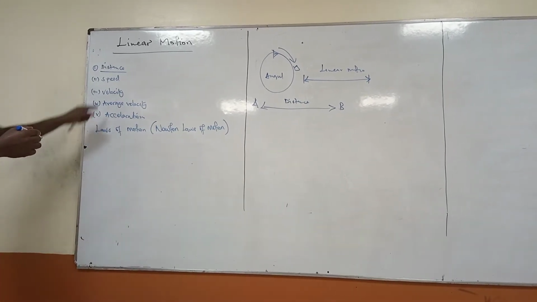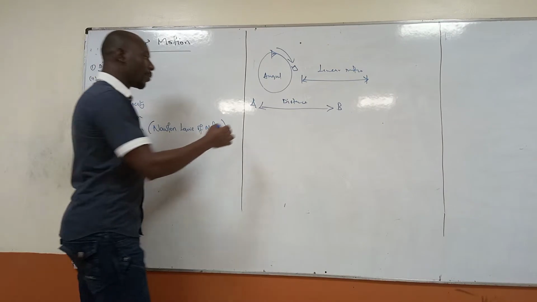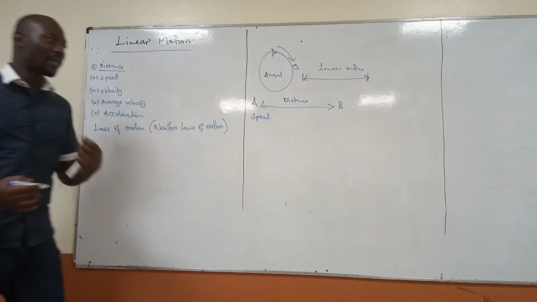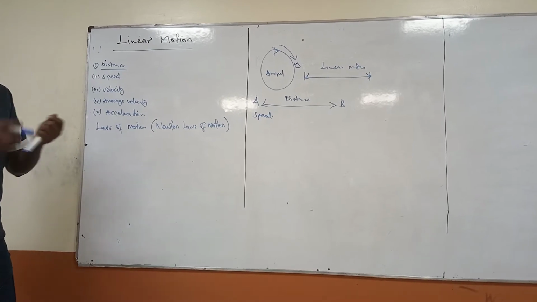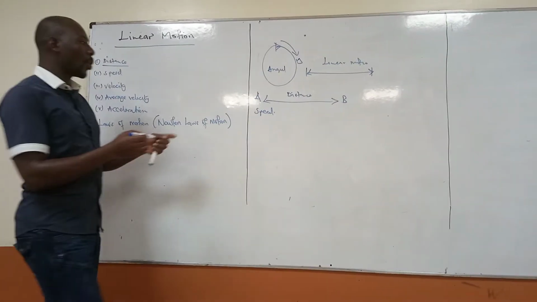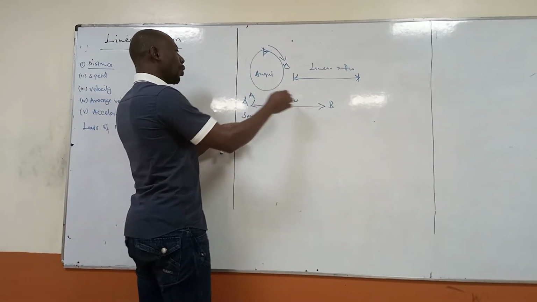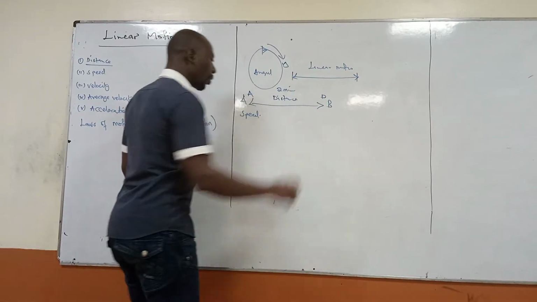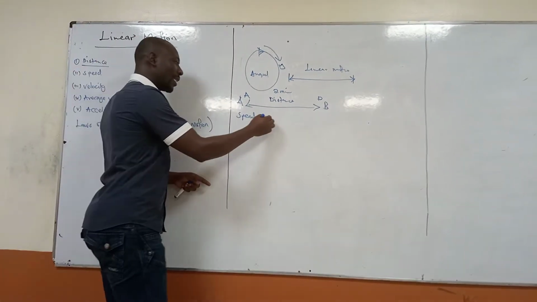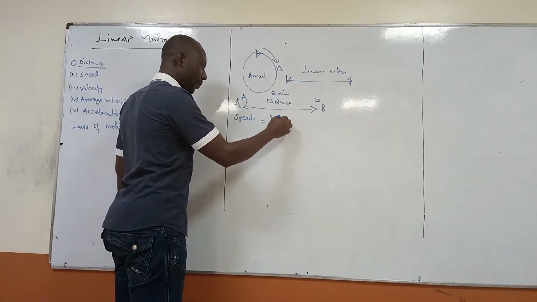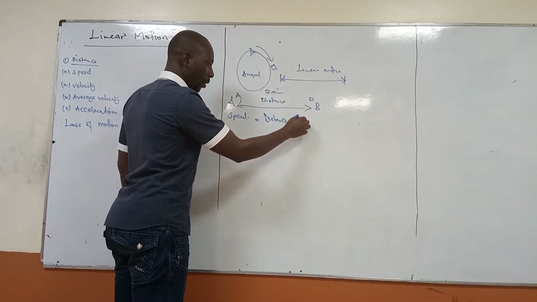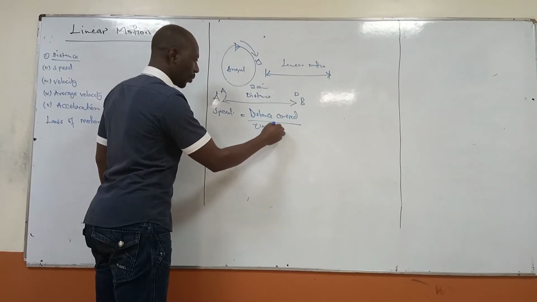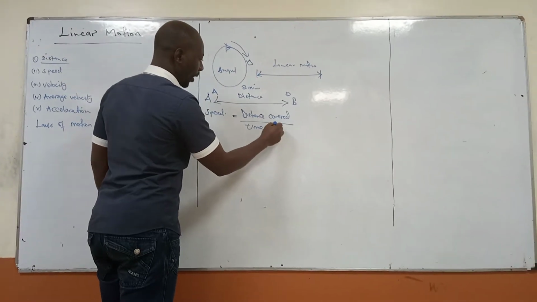Another term that is associated with distance is speed. What is speed? Speed is the rate at which a body is moving to cover a distance. So if a body moves from point A to point B in 2 minutes, the speed will be the total distance covered all over the total time taken to cover that distance.